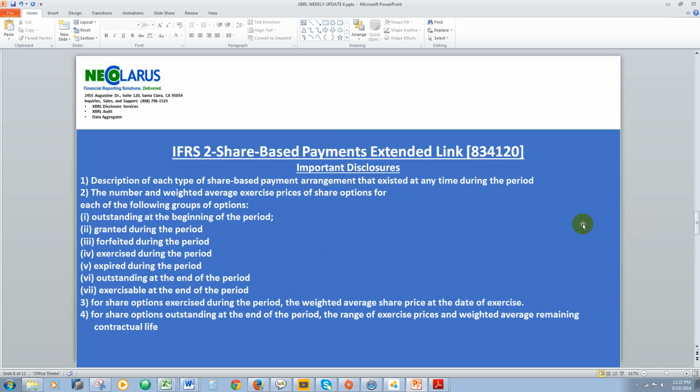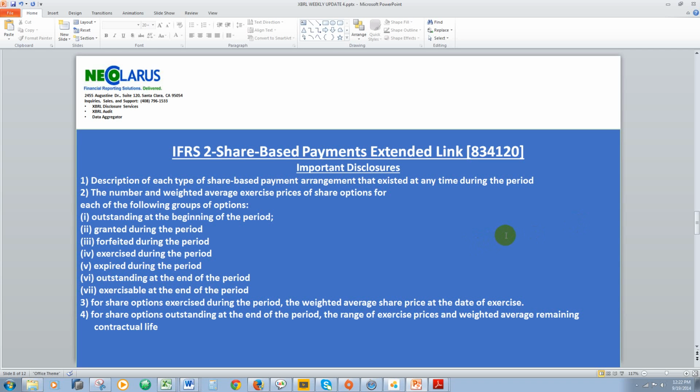So let's look at the important disclosures of IFRS 2 share-based payments, which we need to model with the extended link 834120 of the IFRS taxonomy. So this is a list of the important disclosures which we can expect. The first one is about the description of each type of share-based payment arrangement.